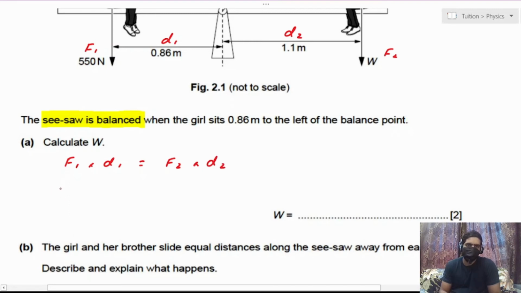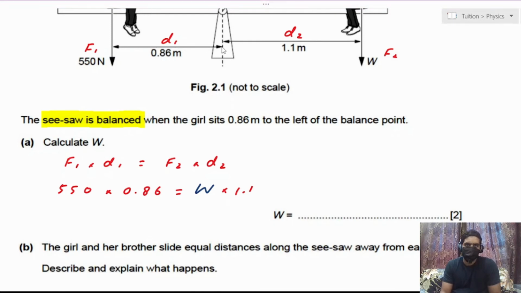F1 is 550 times 0.86 equals F2, which is unknown. They label it as W, so just write W there, times d2. d2 is the distance between the force W and the pivot, which is 1.1, as labeled on the diagram.